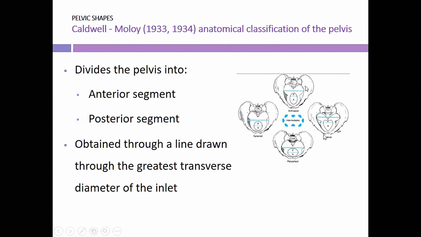And then there is the android, or the heart shape, where the transverse diameter is shorter than the AP diameter. This is more common in the male type of pelvis. So if the female has the android type of pelvis, there is the risk that she will have dystocia during her labor and delivery, and she might end up having a cesarean delivery.